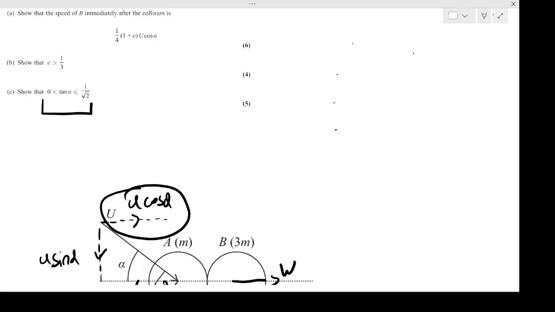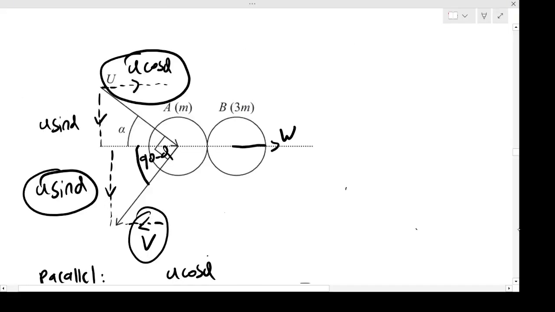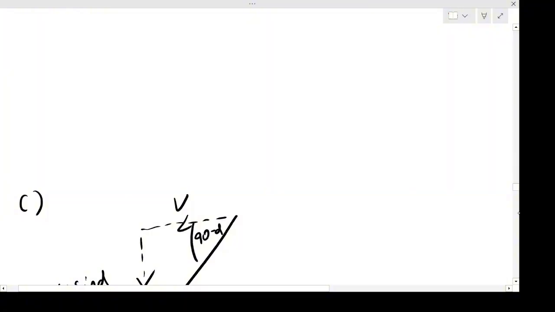Now, what's the key difference here? There's no e involved, okay? So now I'm thinking I can use part B, that e is also greater than 1/3, and that will probably get me inequalities for tan alpha. So I'm going to use e is greater than 1/3 from part B to try and find inequalities for tan alpha, okay? So hopefully you're with me here.